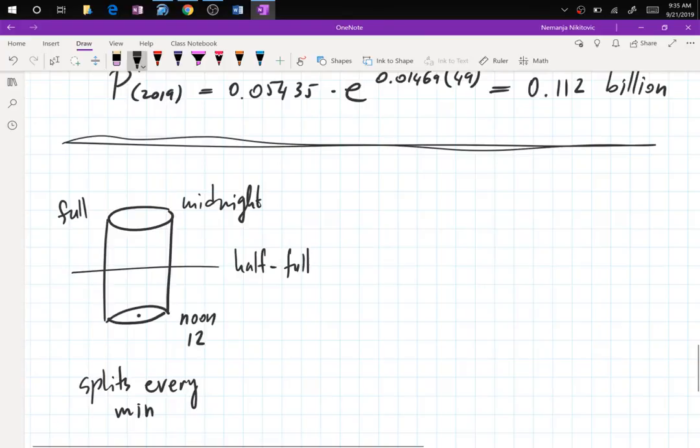He said 11:59 p.m. At 11:59 p.m., this jar will be half full. Because what happens at that minute? Yes, when the minute goes to 12, every bacterium in the bottom half will split in two and fill out the other half.